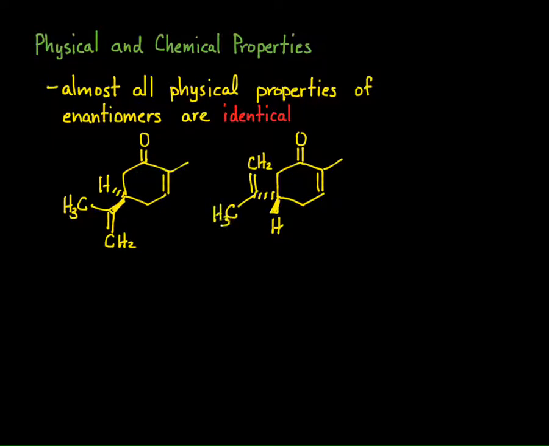So I'm drawing them here, right? These are the two enantiomers of carvone. And if I think about my priorities, I see that the propenyl group would get priority number one, and then the carbon that would be attached to the carbonyl would get priority number two, and then the carbon attached to the alkene would get priority number three, and therefore I have R carvone, and on the other side here I have S carvone, right?